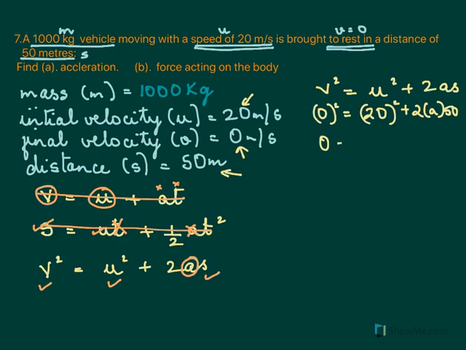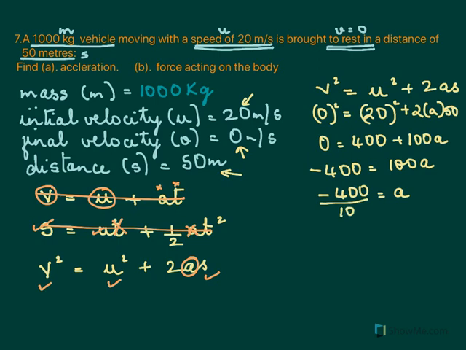So I will put 50 here. So 0 equal to 20 square is 400 plus 2 into 50 is 100, 100 into acceleration. So we have minus 400 equal to 100A. So your A is minus 400 over 100. And your acceleration is minus 4 meter per second square.